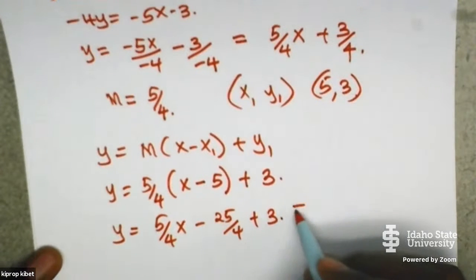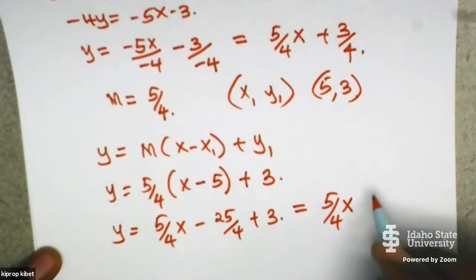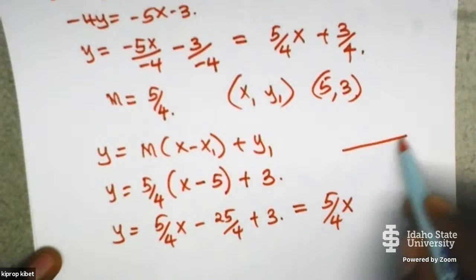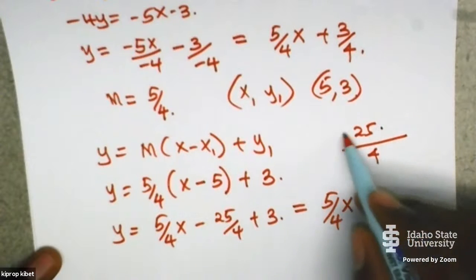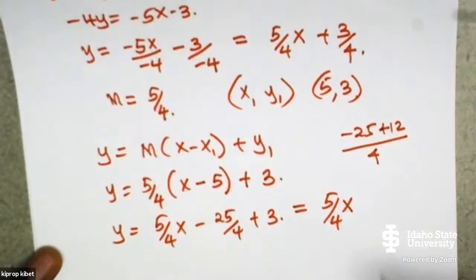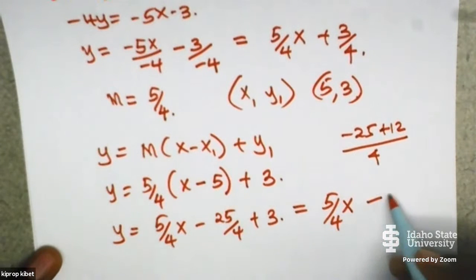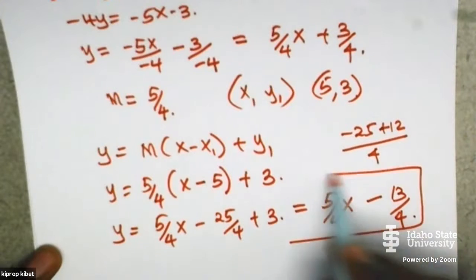If you continue, then it will be 5 over 4 x, and the LCM is 4: minus 25 plus 12. What do you get? Minus 13. So you get minus 13 over 4.